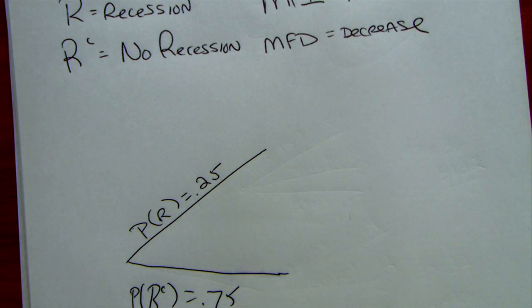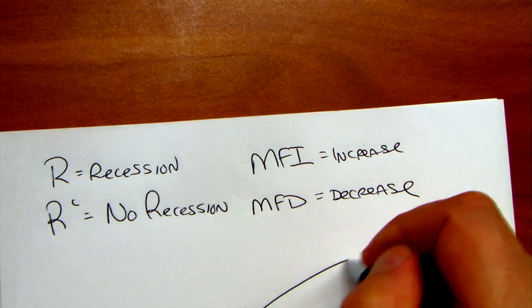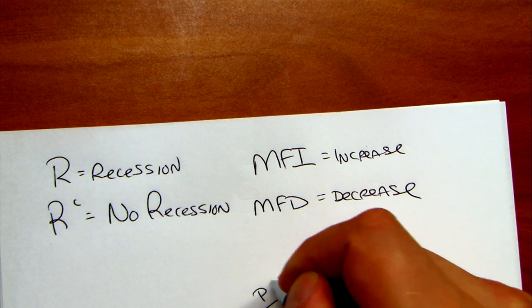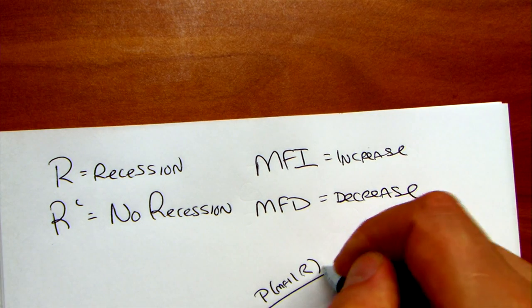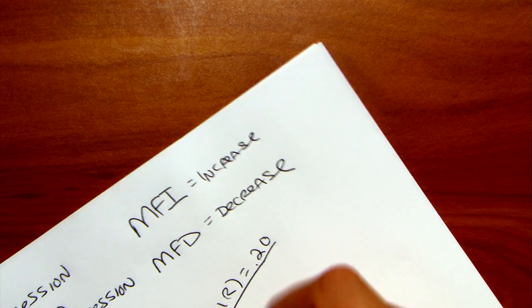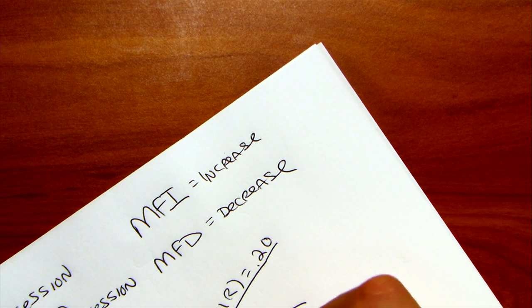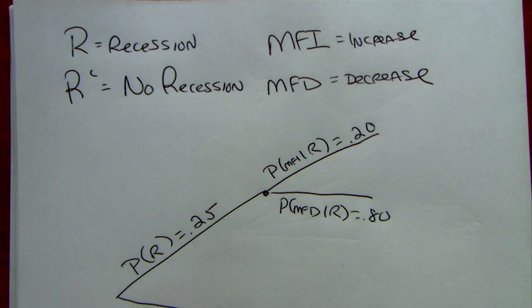Now it says, if the economy encounters a recession, the probability that our mutual fund increases. So given a recession, the probability of MFI is only 20%. So that must mean, given a recession, the probability that it goes down is 80%.